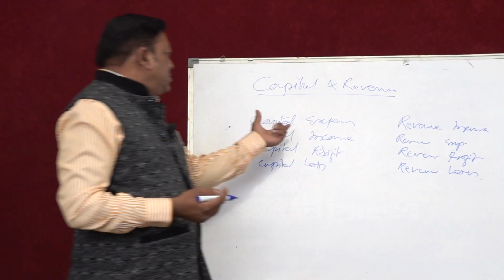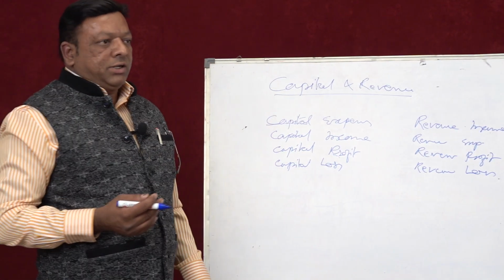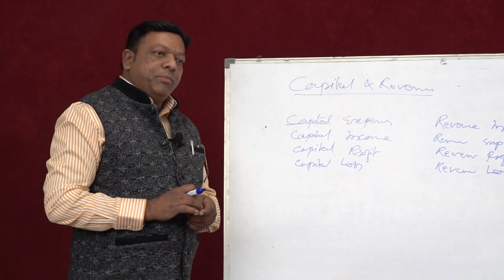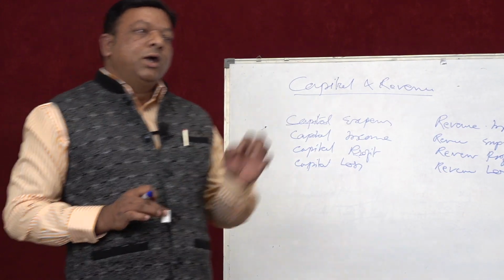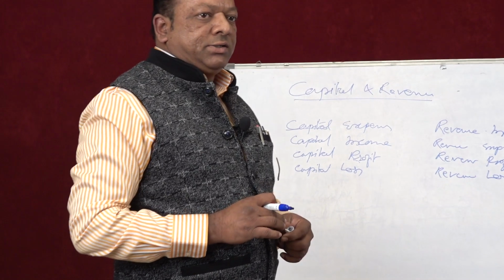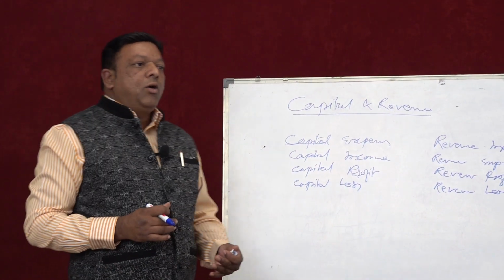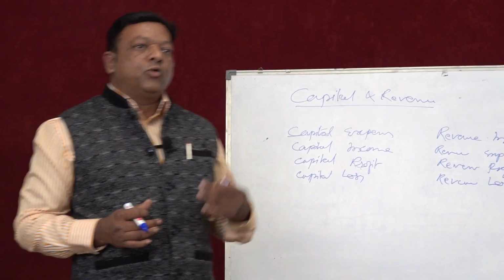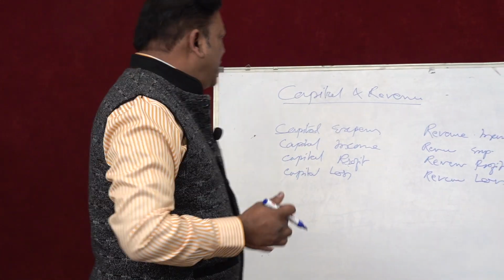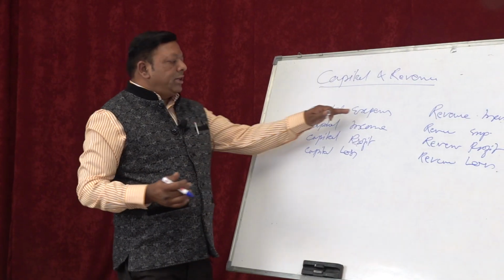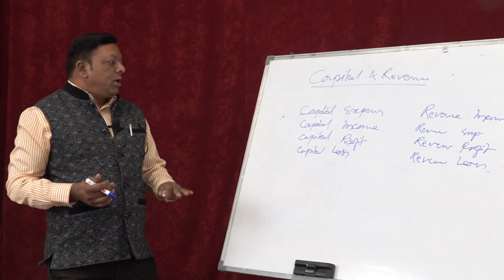So first we discuss capital expenditure. The capital expenditure is meant for acquiring assets or enhancing the business efficiency or anything to renovate the business. All these expenditures are covered in capital expenses.